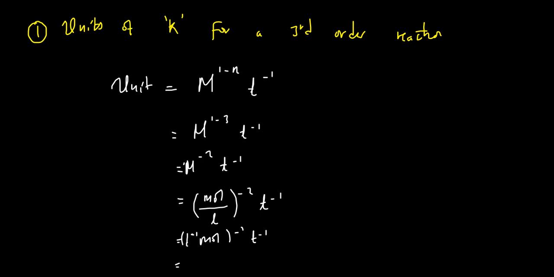If you distribute the -2, liter -1 times -2, that will just be liter +2, and then you are going to have mole -2, and then you have got time -1. So this is the unit of the rate constant K for a third order reaction. Does that make sense, guys?